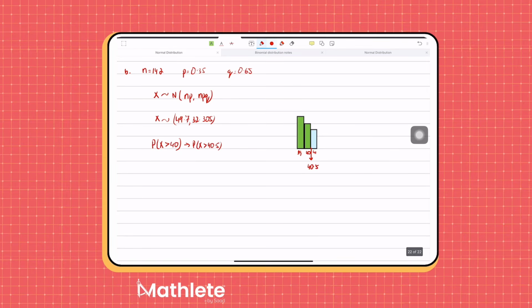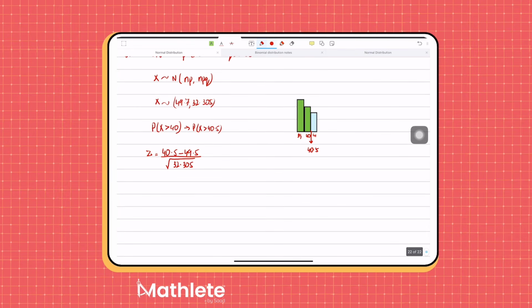Now the z score can be worked out by doing 40.5 minus 49.5 over the square root of 32.305. What is the z value?